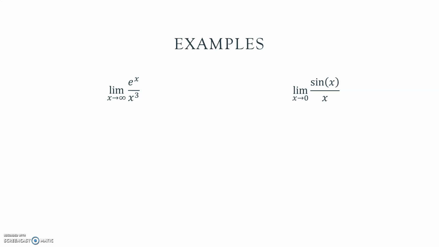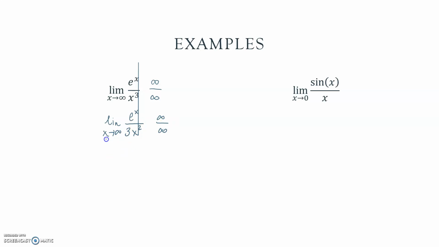All right, L'Hopital's rule even works if you're going to infinity. So I have the limit as x goes to infinity. I plug in infinity, I get infinity over infinity. So I can do L'Hopital's rule. The derivative of e to the x is still e to the x. The derivative of x cubed is 3x squared. I do the limit as x goes to infinity. I still get infinity over infinity.